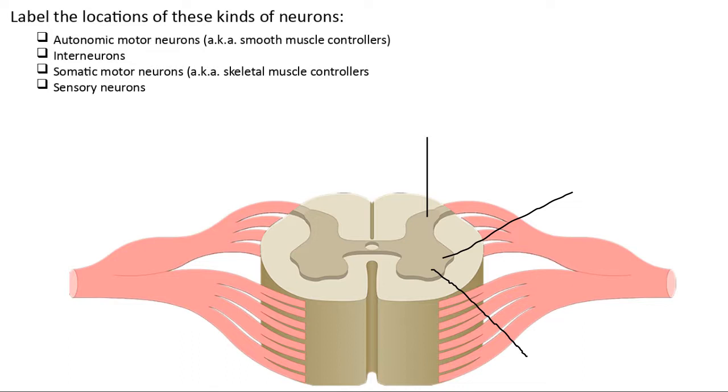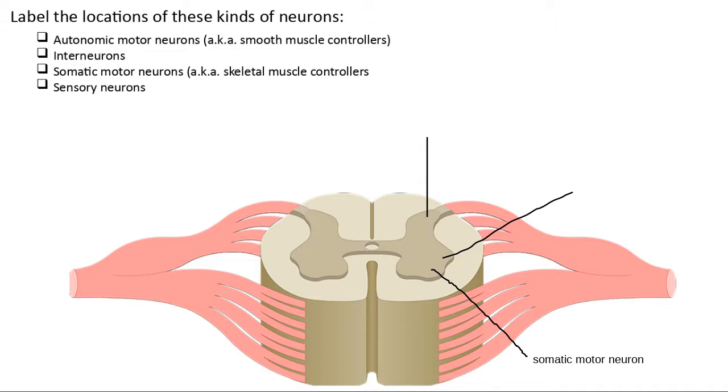Yeah, so when we talk about the location of skeletal muscle controlling neurons, the ones that help you do movement, they start in the ventral gray horn. So we're going to call them somatic motor neurons, if I can spell. Somatic motor neurons. Now someone mentioned this is where those neurons start.